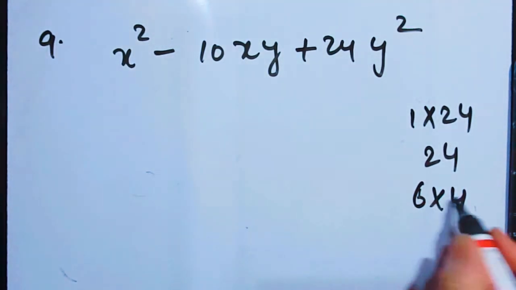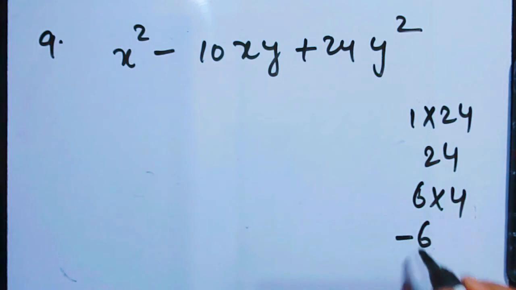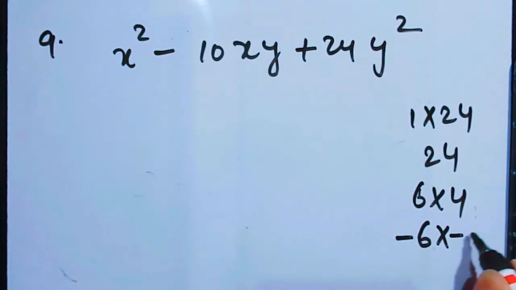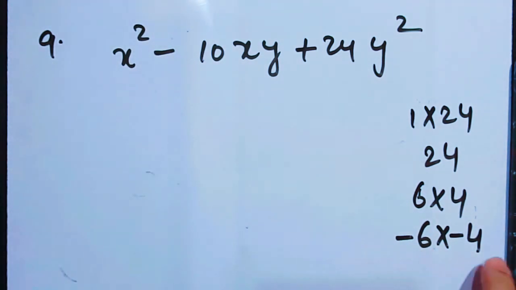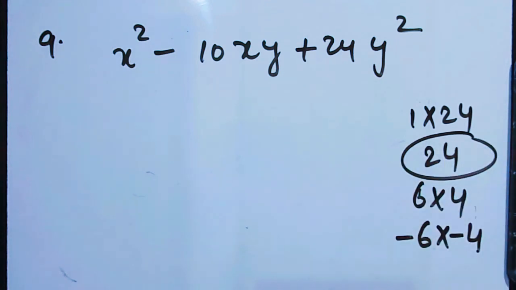This means here the sign of 6 should be negative, and the sign of 4 should also be negative. That is why when you add both of them you will get minus 10, and when you multiply both of them, minus 6 into minus 4, you will get plus 24.